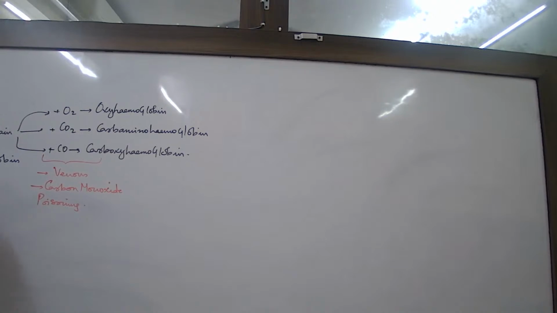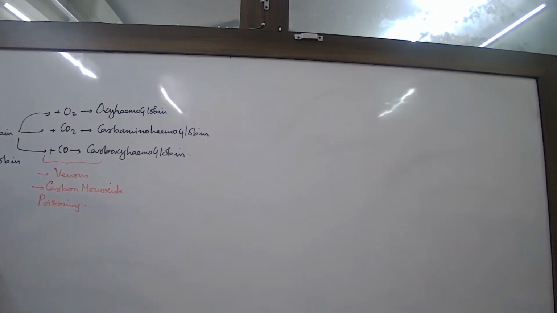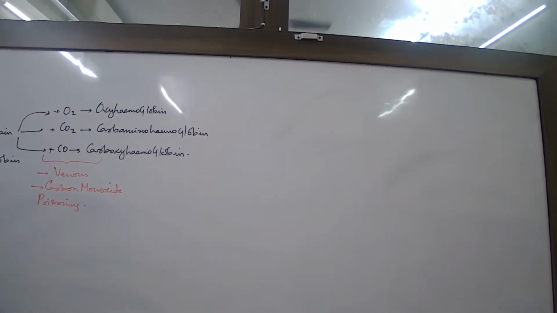When we are in an extremely polluted area. Since the affinity of hemoglobin is more for carbon monoxide and the binding of hemoglobin with carbon monoxide has happened, the oxygen binding capacity decreases.